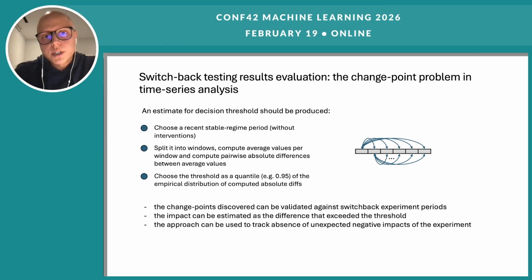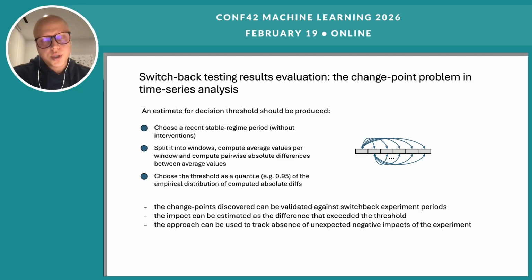You compute average for each window. Also, it is recommended to compute it in the same way as you are going to compute it within the sliding window that you are going to maintain. And then you just compute pairwise absolute differences between the windows of that stable regime period to basically have an estimation of empirical distribution of those differences if there are no interventions.